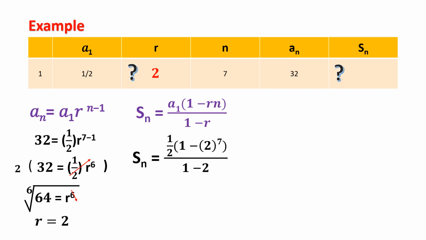And for the denominator, substitute r by 2. So what is 2 to the power of 7? 2 to the power of 7 is 128. So multiplying 2 seven times is equal to 128.